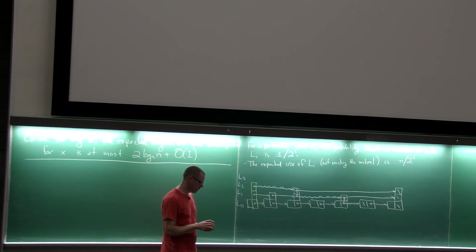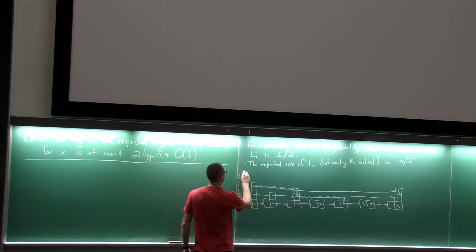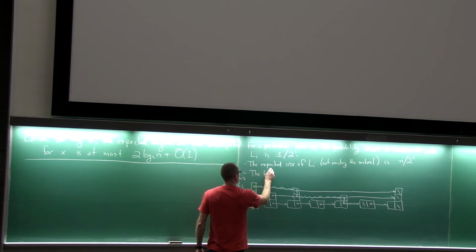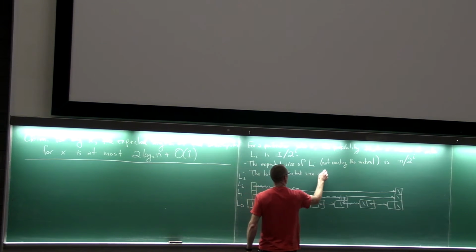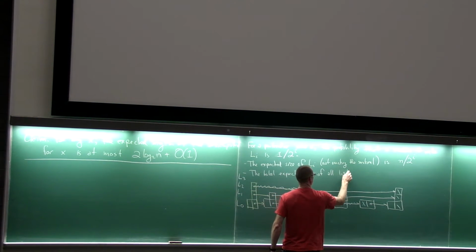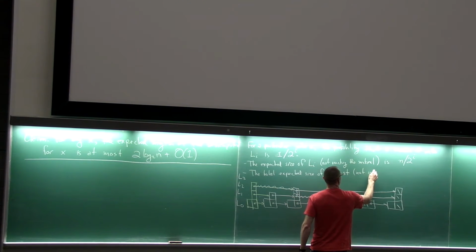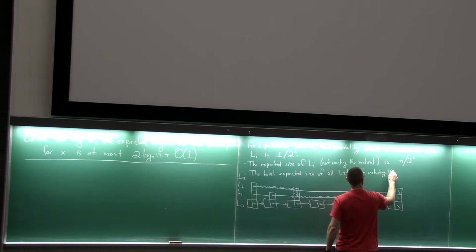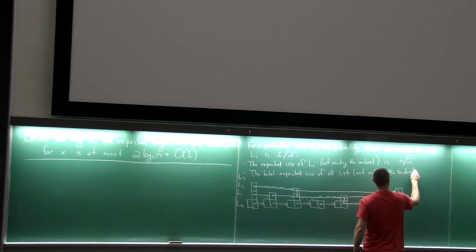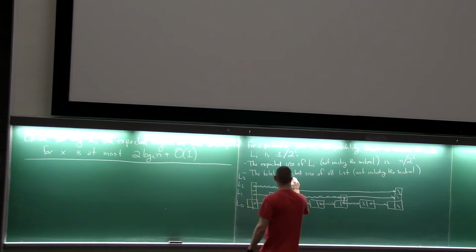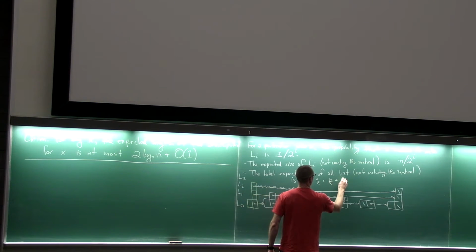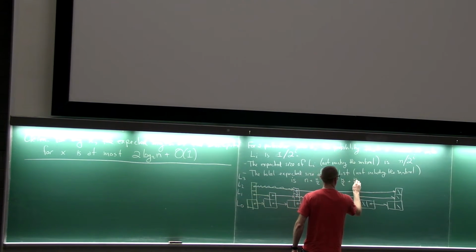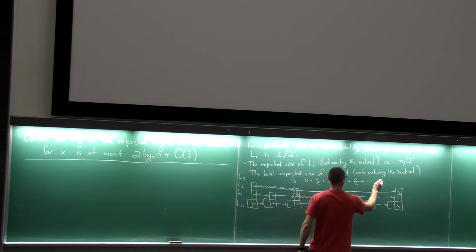Okay, so that's the expected size of Li, and that means the total expected size of all lists, not including the sentinel, is n plus n over 2 plus n over 4 plus n over 8 plus n over 16 plus dot dot dot.